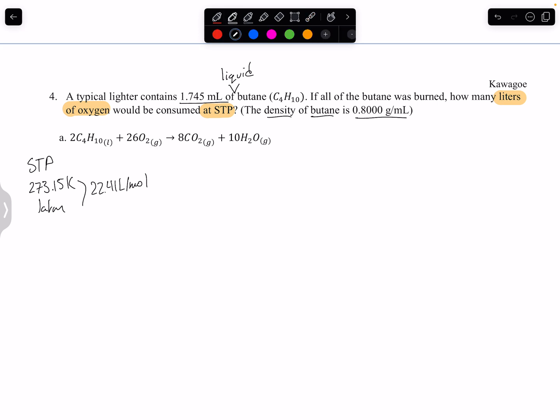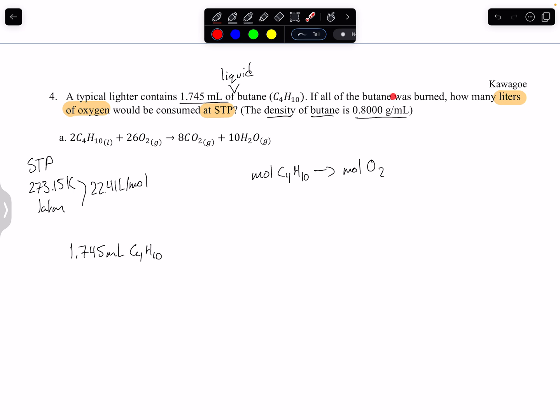So we can't calculate, at least off the bat, how many moles of oxygen there are, but again, this is moles of A, essentially, moles of butane, convert to moles of oxygen, which means I need to find the moles of butane first. Now, I was given density, 1.745 milliliters C4H10.